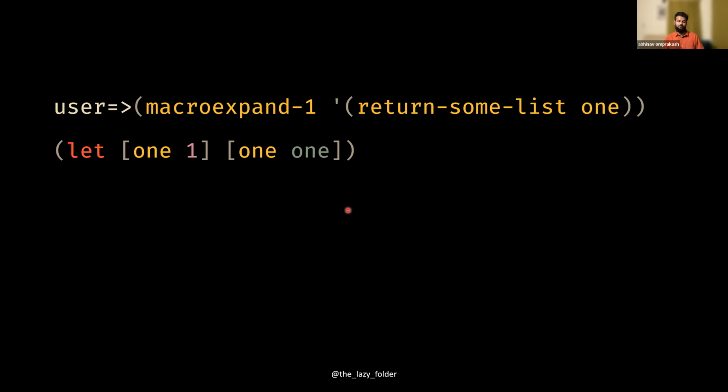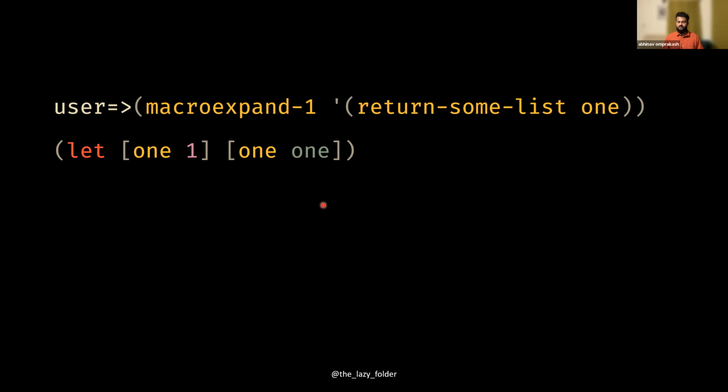So that's what happens. This is Lisp capturing the symbol, because when we pass the symbol 1 here, this symbol is captured, and instead the one defined in the local binding is returned.